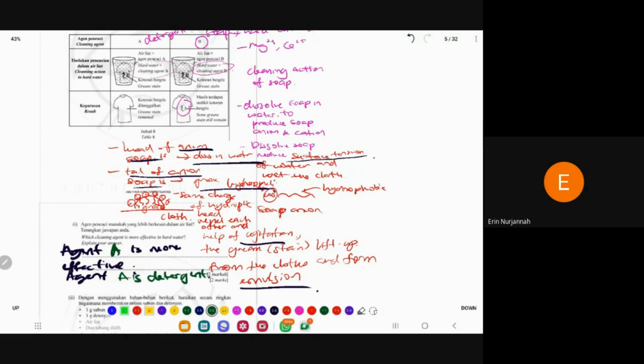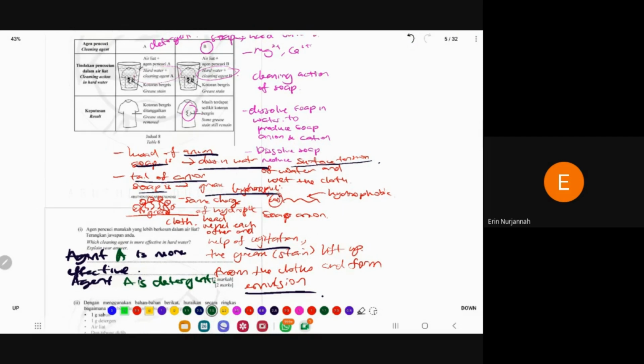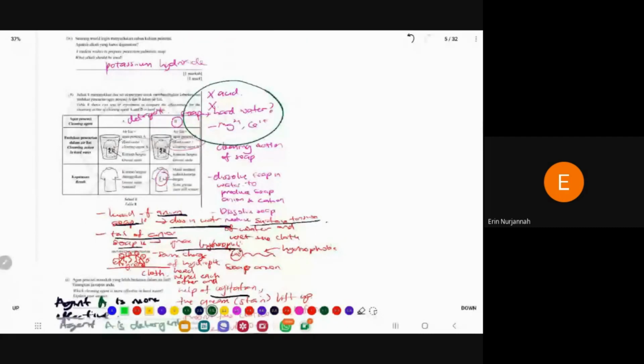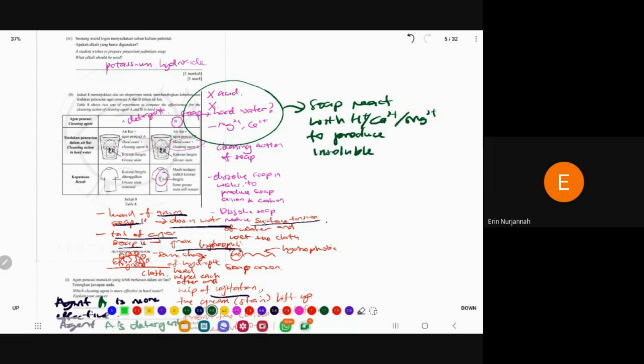Okay, why? Oh yes, I forgot to tell you. Talking about hard water, they will ask you to explain. Now why is it that soap cannot react with acid and hard water? Because the soap will react with them to form scum. Hydrogen ion from an acid, calcium ion and magnesium ion from the hard water produce an insoluble white precipitate, which is scum.